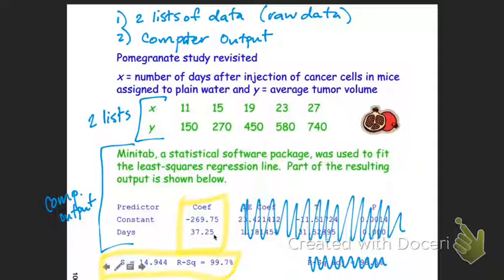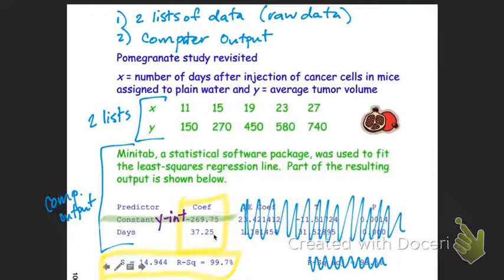So in order to read this, the first two numbers that you see are giving you the slope and the y-intercept. So whatever number is next to the word constant is going to be considered your y-intercept. And usually it comes first. Usually it's your top one, but you'll see on your homework it's actually the second one.